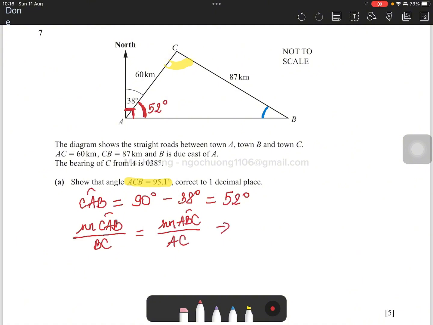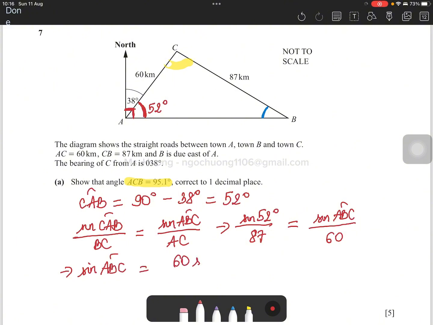This means sin 52 degrees over 87 is equal to sin ABC over 60 kilometers. And from that we know that sin of the angle ABC is equal to 60 multiplied by sin 52 degrees over 87.